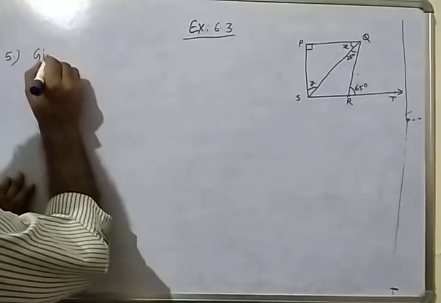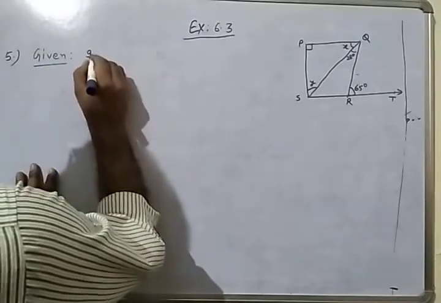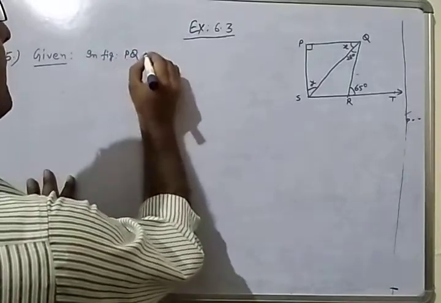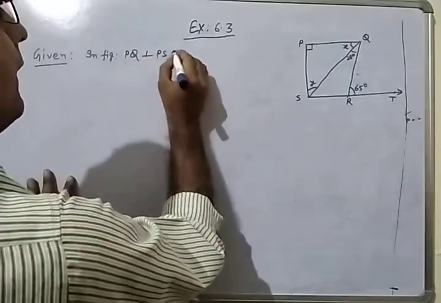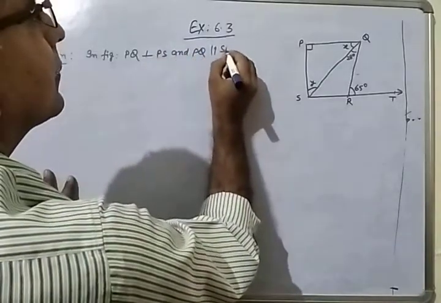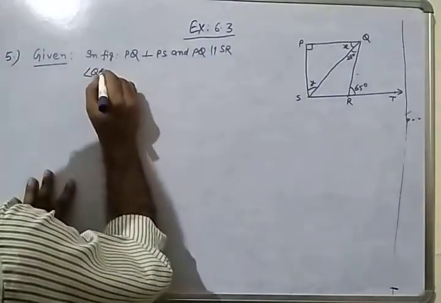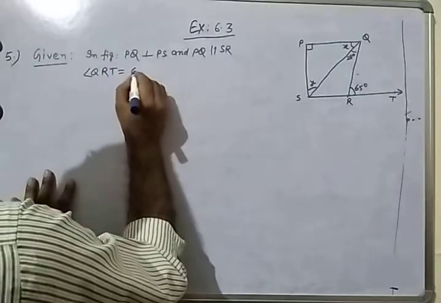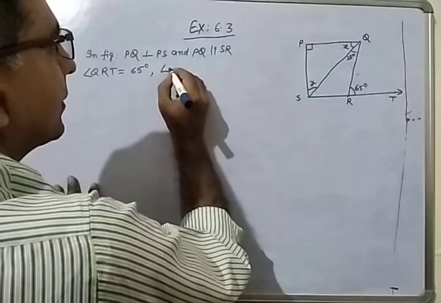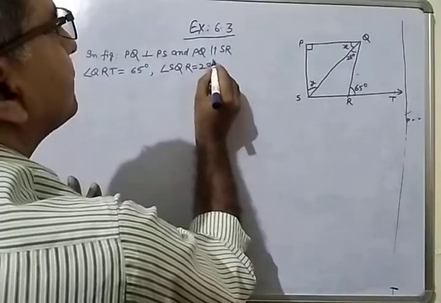Given, first point is given in the figure: PQ is perpendicular to PS and PQ is parallel to SR, and angle QRT equals 65 degrees, and angle SQR equals 28 degrees.